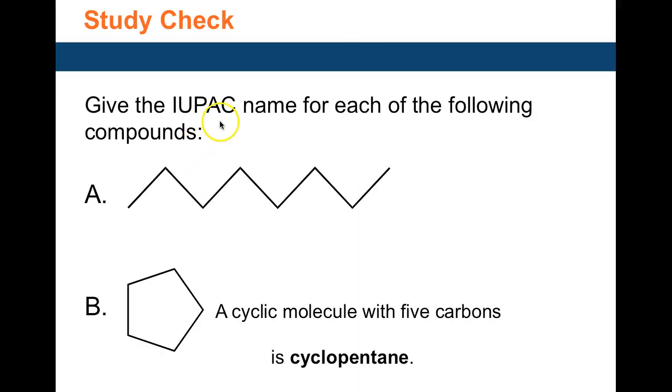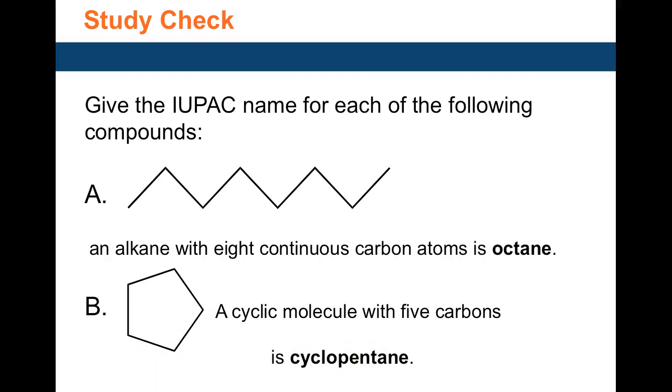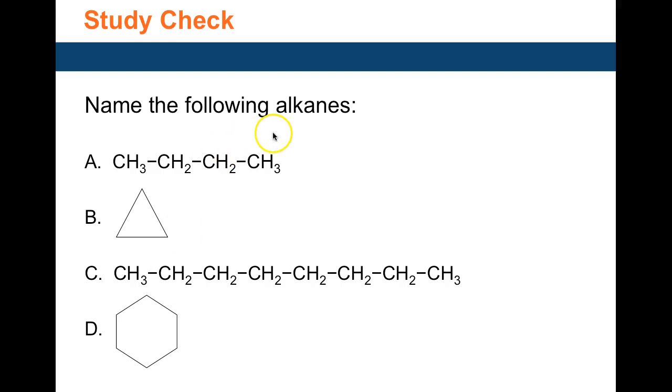Give the IUPAC name for each of the following compounds. Let's count up the number of carbons: 1, 2, 3, 4, 5, 6, 7, 8. So this is octane. This is cyclic, and you have 5, it's a pentagon, so cyclopentane. Name the following alkanes.